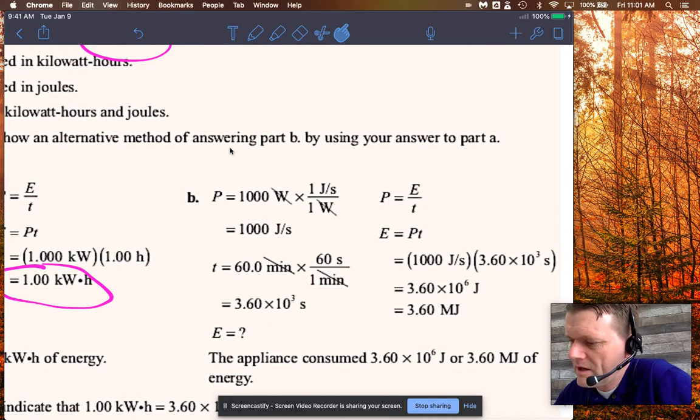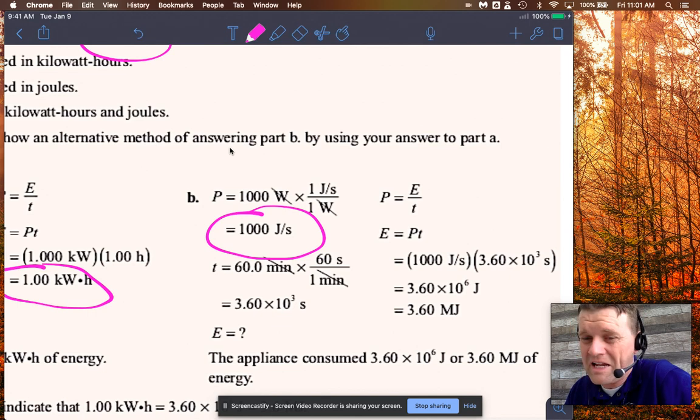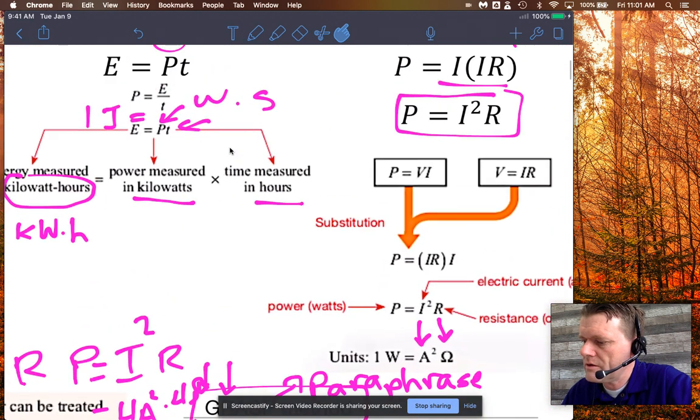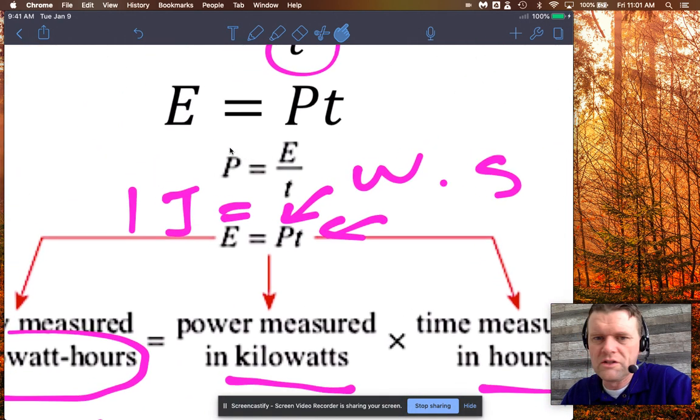The reason for that is they're looking to cancel out the seconds, which is what will happen, because if you multiply a watt times a second, you're going to get just joules. We talked about that earlier, right up here. So right here, a joule is equal to a watt second.